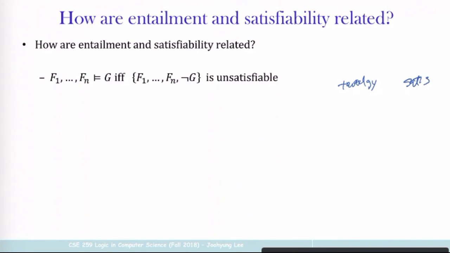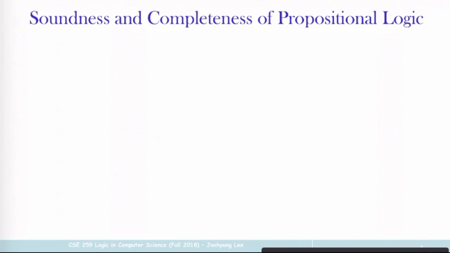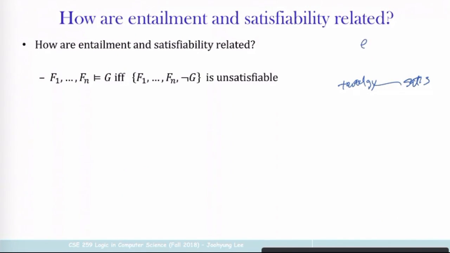And in the next slide, we just talk about entailment and tautology. Now we are trying to talk about this, which can actually be composed from the two known relationships. Okay, so if you do that, what you get is this. F1 through Fn entails G if and only if this set is unsatisfiable.